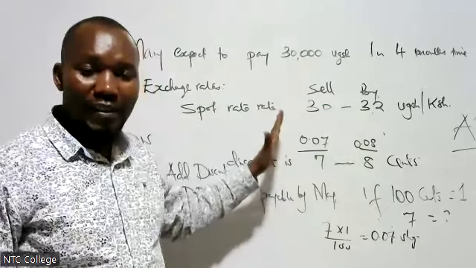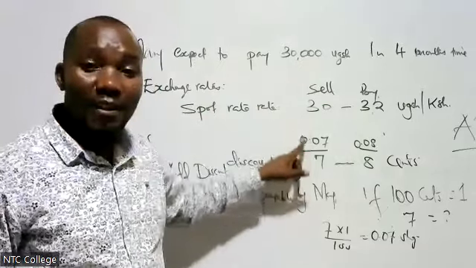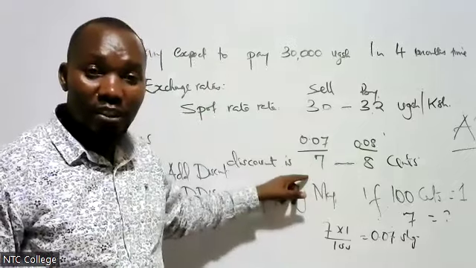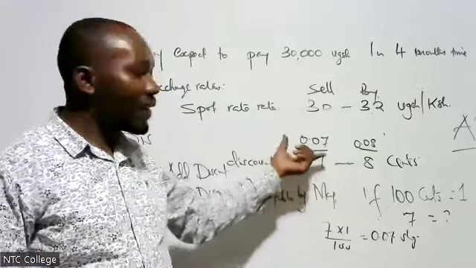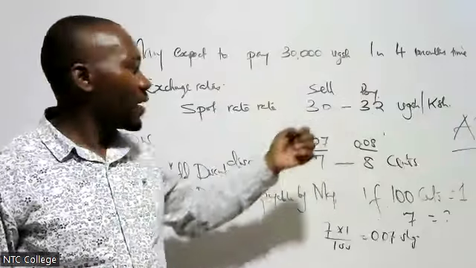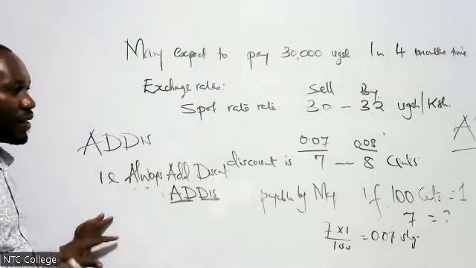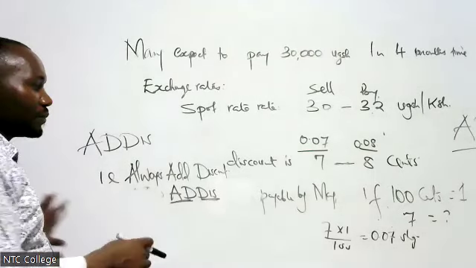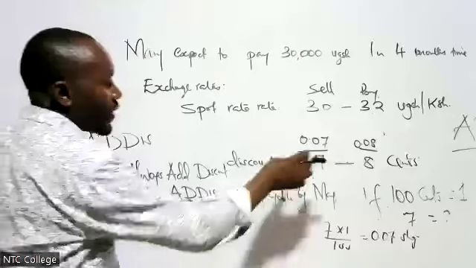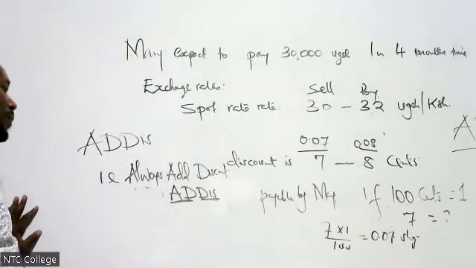You don't add cents direct. Itakuwa 37. So utasema ni 37 cents ama 37 shillings. It is not possible. Convert this to shillings first. This one also convert. Once you've converted, then ask yourself, is it a discount or premium? Whenever you see cents, you convert to shillings, then you ask yourself, is it a discount or premium?